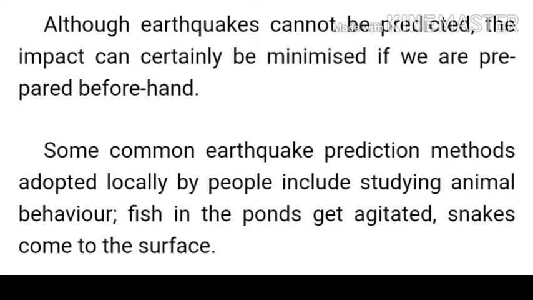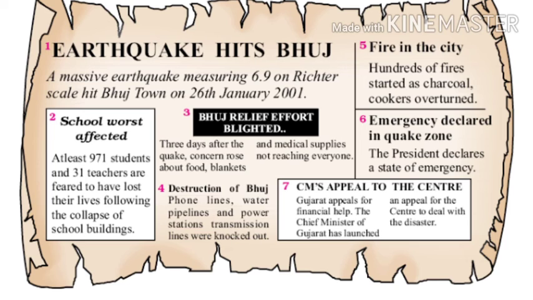Some common earthquake prediction methods adopted locally by people include studying animal behavior. Fish in the pond get agitated. Snakes come to the surface. Students, here I am providing you a case study of the earthquake which hit Bhuj in Gujarat.